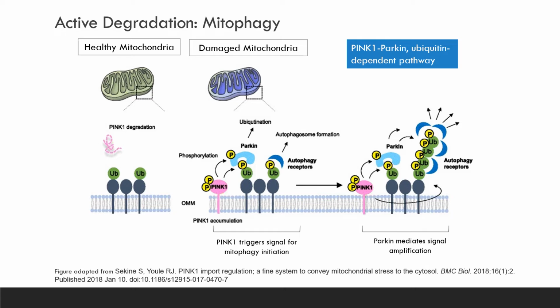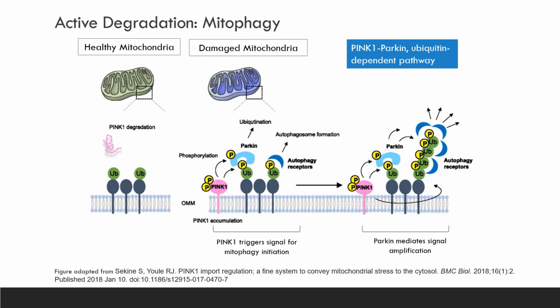PINK1 shares a common pathway with the E3 ubiquitin ligase parkin, and the interaction between the two works as follows. As accumulation of PINK1 on the outer membrane of damaged mitochondria occurs, PINK1 phosphorylates ubiquitin, which in turn triggers recruitment of parkin from the cytosol to the mitochondria and activates its E3 ligase activity.